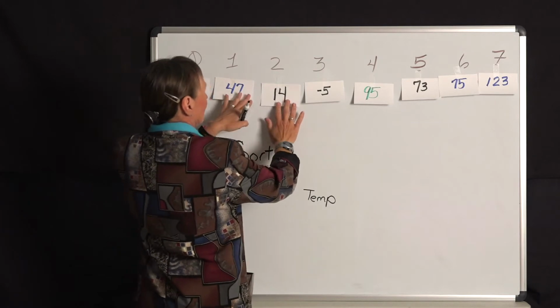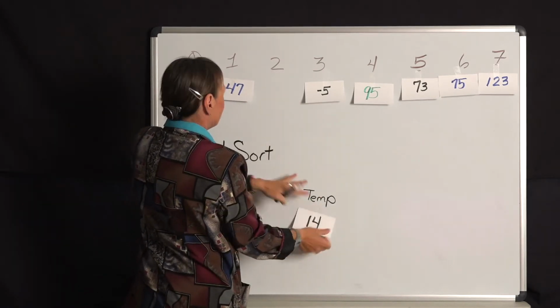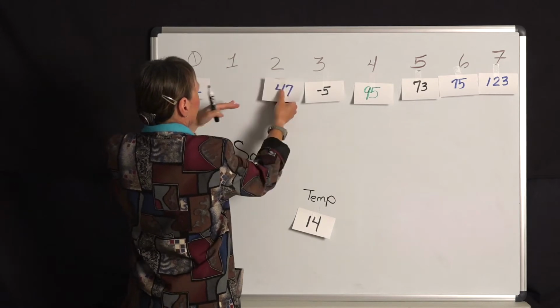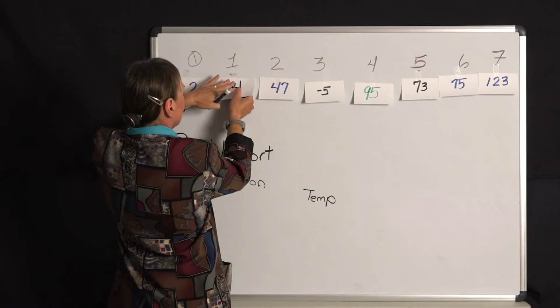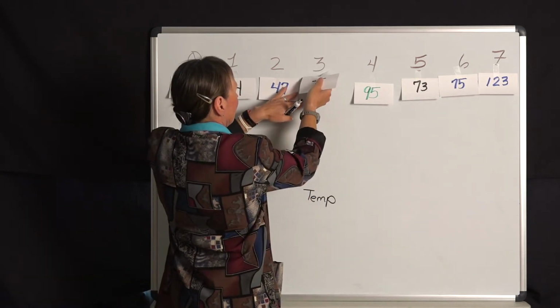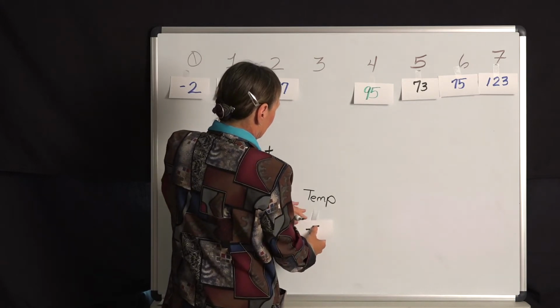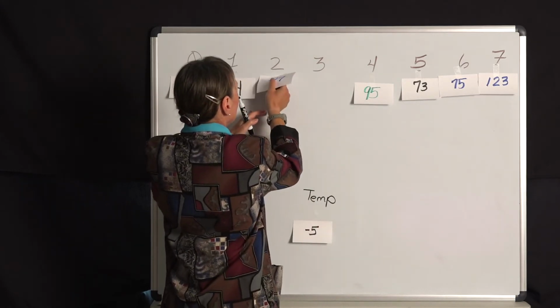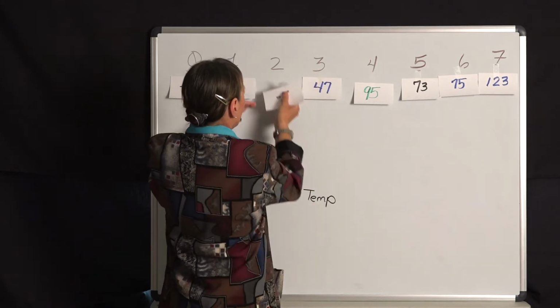And we look at 14 and 47. Yep. And then this goes here. And then 47, -5. Yep, moving away here. -5 moves down here, 47 moves up.